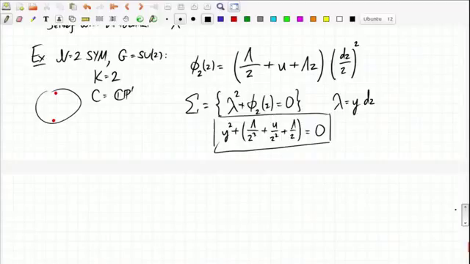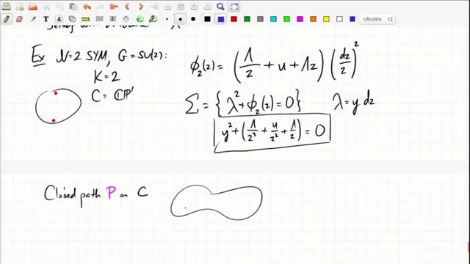So I have my curve C. It has these defects on it. Now, suppose I put some closed path on there, up to homotopy. It turns out that for every such path, there's a corresponding supersymmetric line operator.